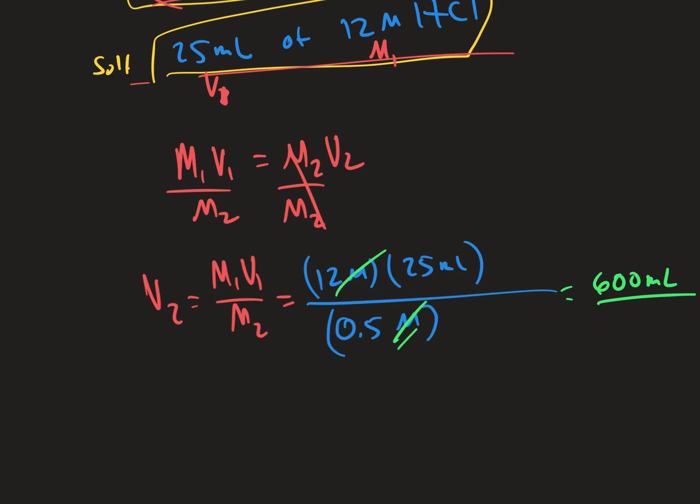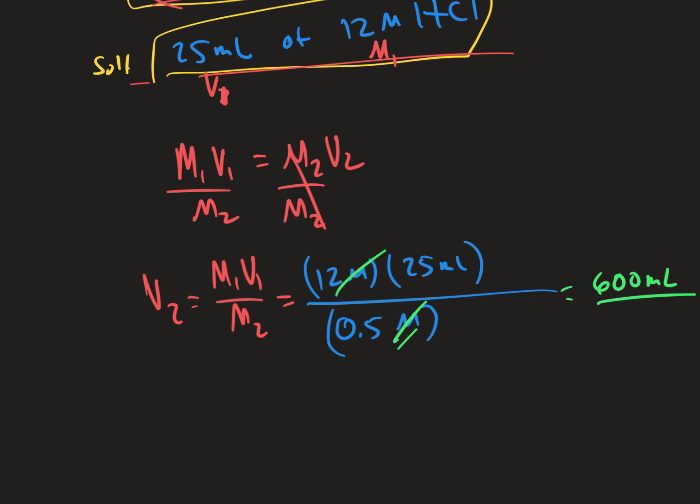Good? Questions? Yeah, Ren. I set my problem up that exact way, but I'm not getting 600. I don't know if I'm calculating it wrong. So you actually wrote it in the formula this way? Yeah.